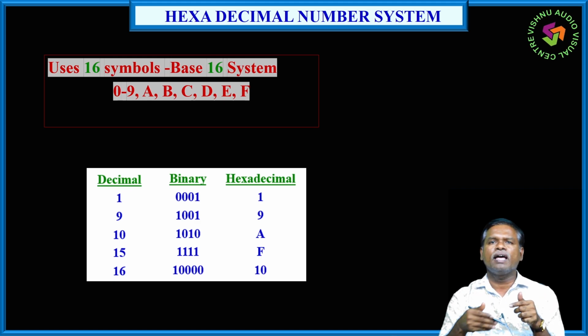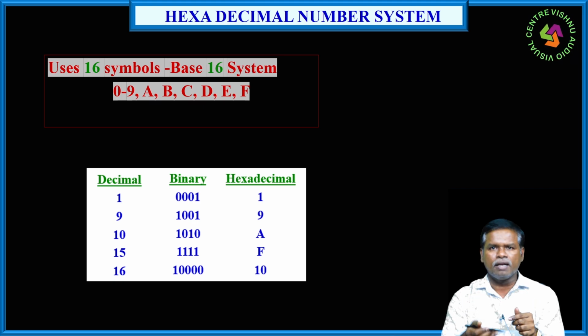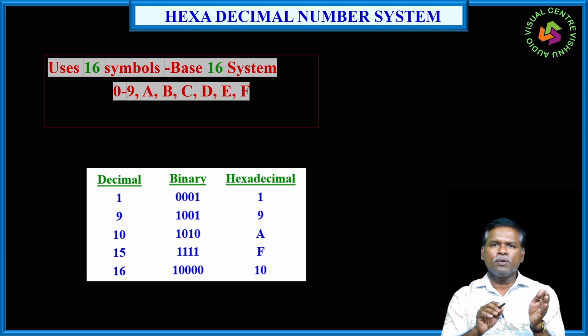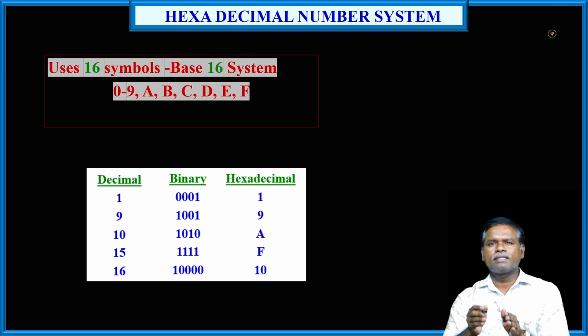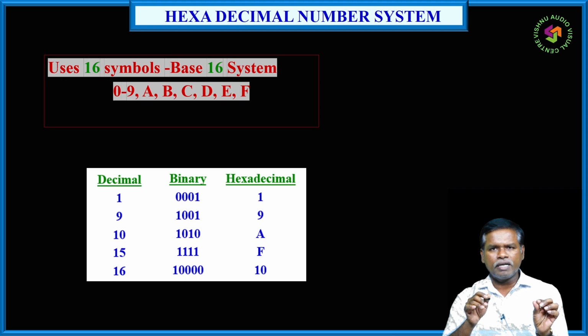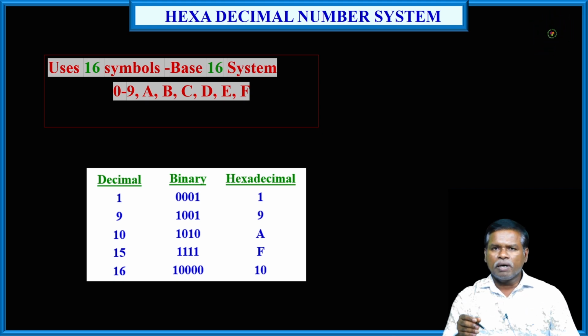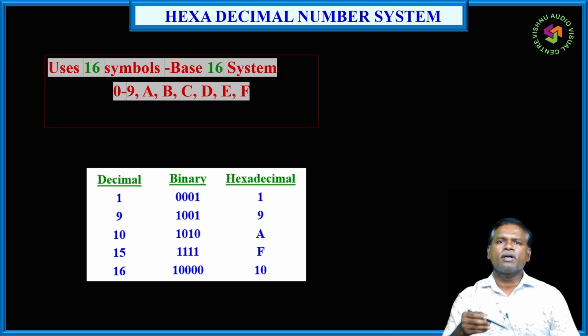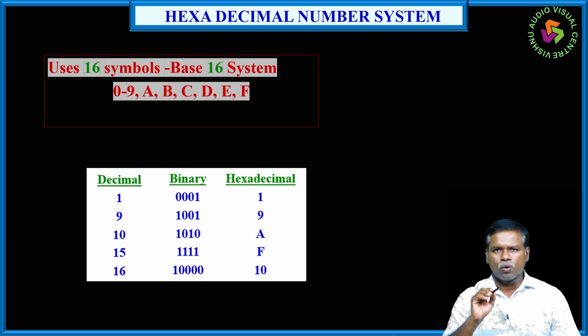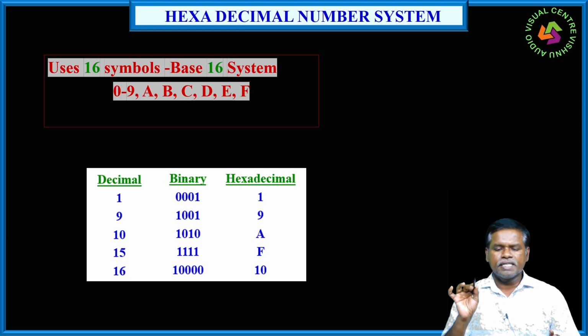That's why we take the help of alphabets as well: 0 to 9 is 10 symbols and A to F is another 6 symbols. Since it is a combination of alphabets and numbers, this number system is also called an alphanumeric code. So in total there are 16.